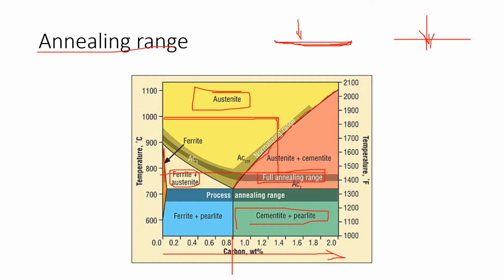This full annealed range starts from below 800 degrees centigrade and above 750 degrees centigrade. This is the full annealing range. If we cool down the material below 750 degrees centigrade, we get the process annealed range.